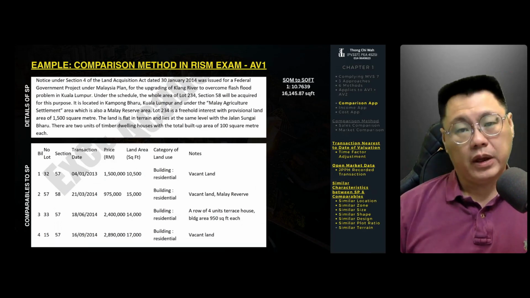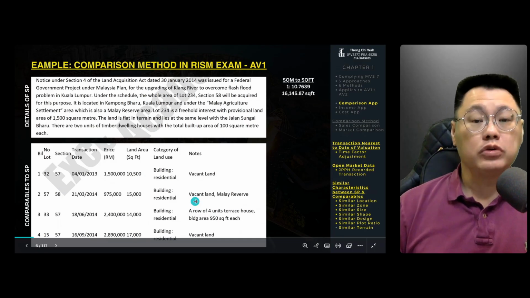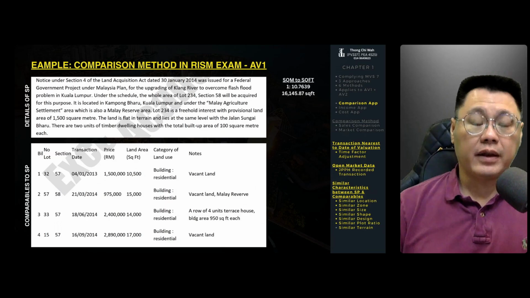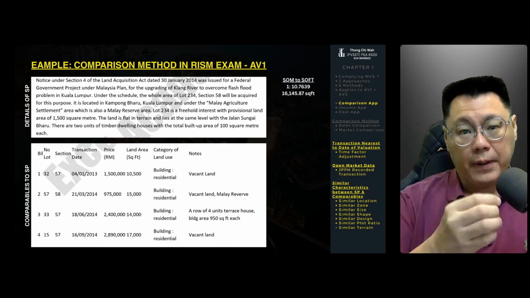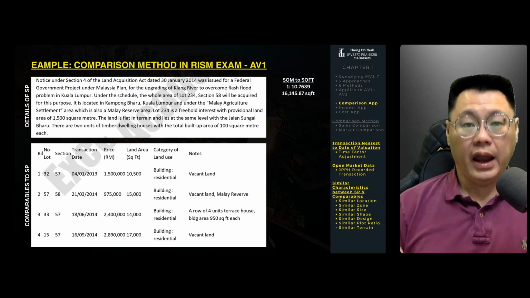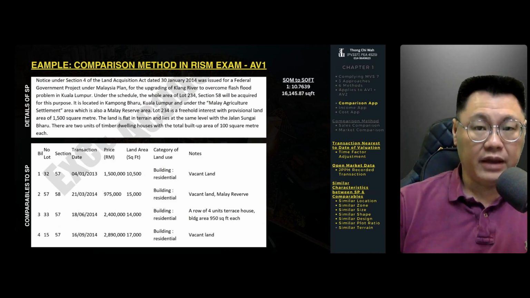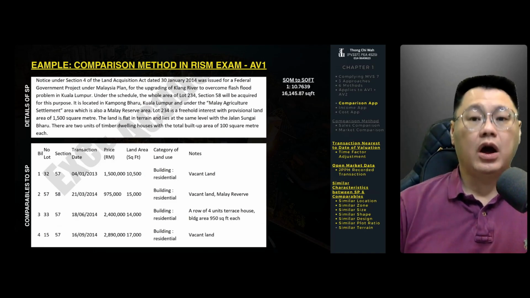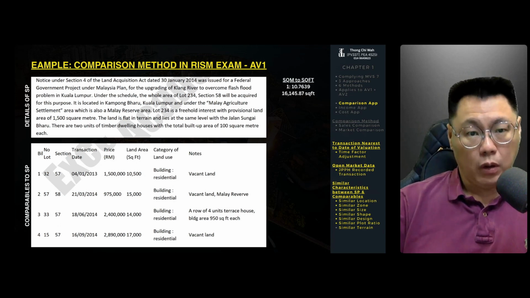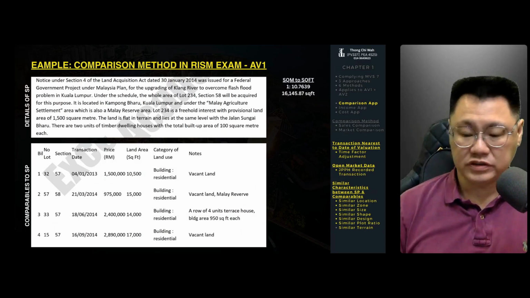Now, it will be an open market and actively traded. So this question is about you choosing the right comparable because you will have read MVS 7 based on the comparison approach. You must choose what we call open market and actively traded, and avoid lands that are Malay reserve, government land or institutional land, Kesultanan land, or even Orang Asli or native land. So these four categories you are not supposed to choose.